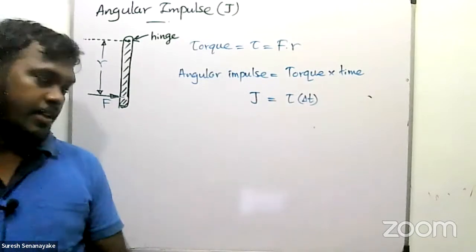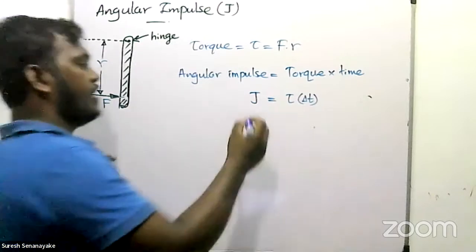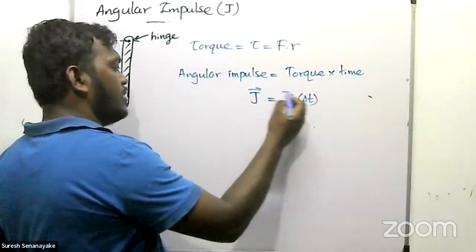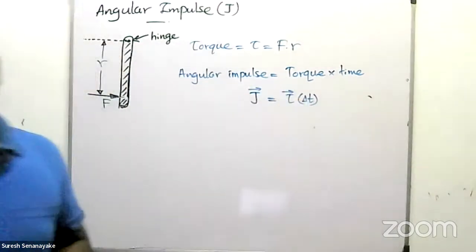It's a vector quantity, and the direction of the angular impulse is the same as the direction of the torque.